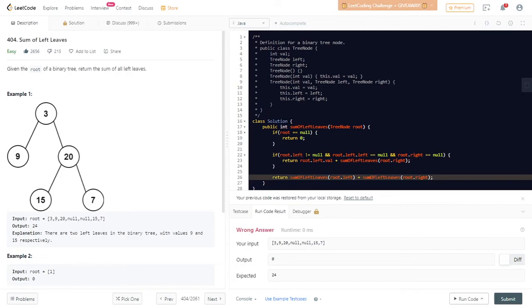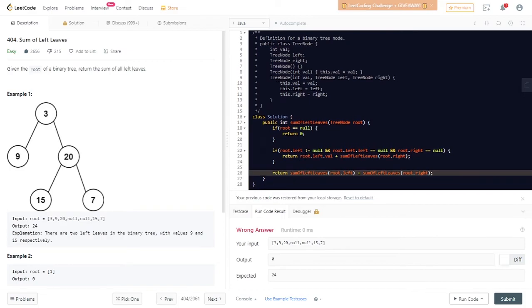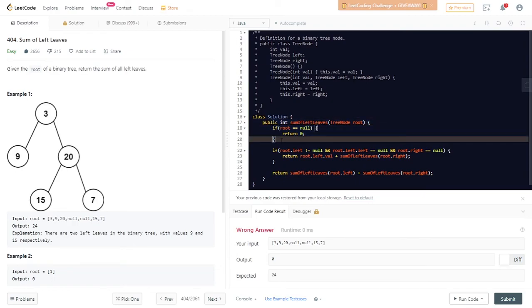Root equals to none, return 0. This condition: root dot left not equals to none, root dot left dot left equals to none. Oh, sorry, my bad. Root dot left dot right.